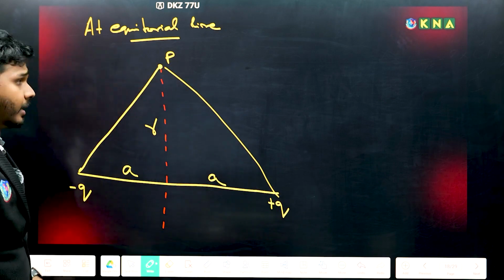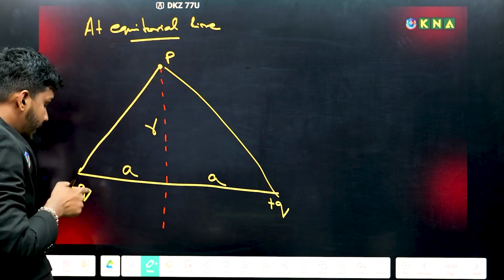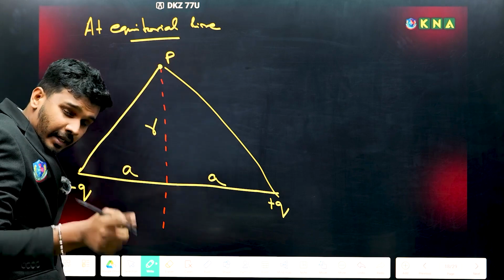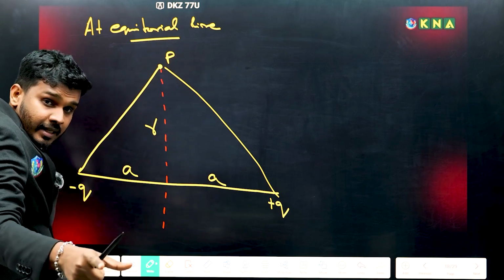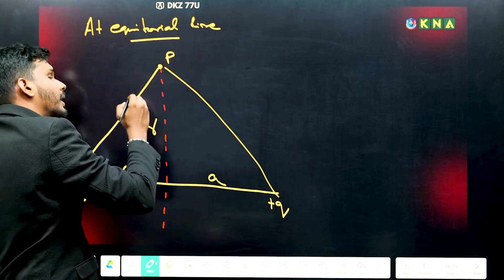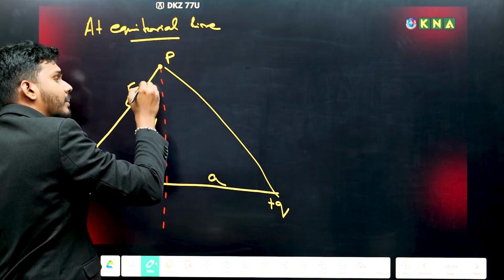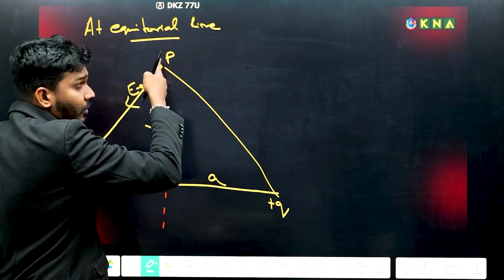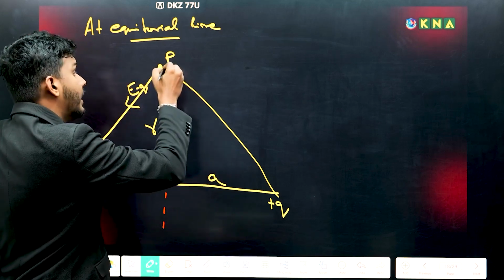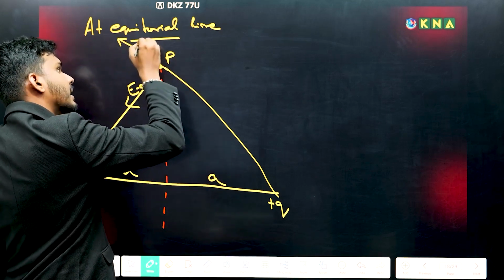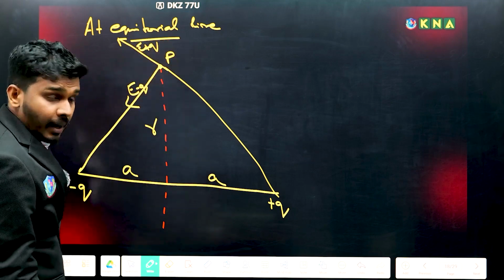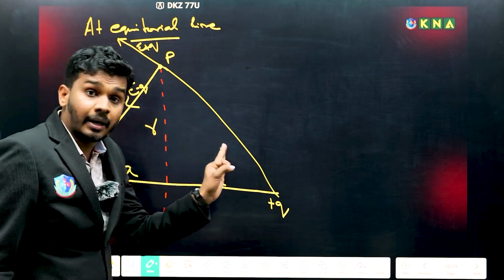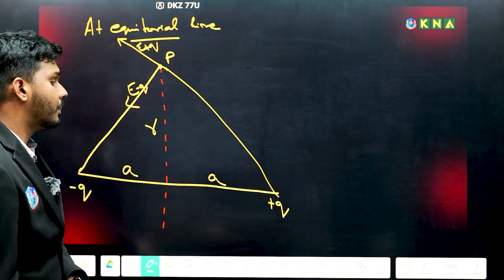Then at point P, very very important: the electric field is always towards a negative charge, so here it is the E minus Q towards the negative charge. From the positive charge, the electric field is away from the positive charge, so this is E plus Q. Always the electric field is towards the negative charge and away from the positive charge.